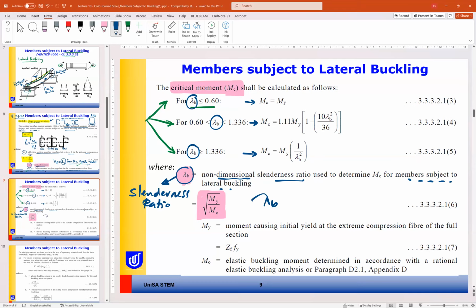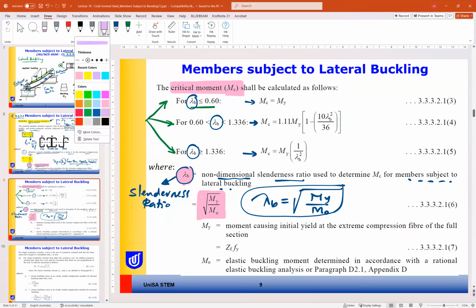So lambda b is equal to root of M yield divided by MO. So again, we need to find other parameters to finalize this calculation. So we need MO and MY, or M yield and MO.